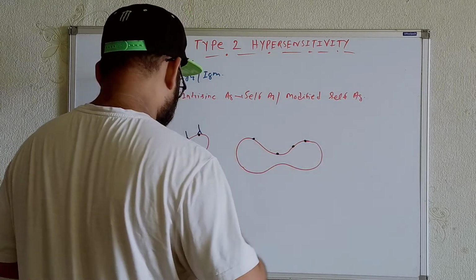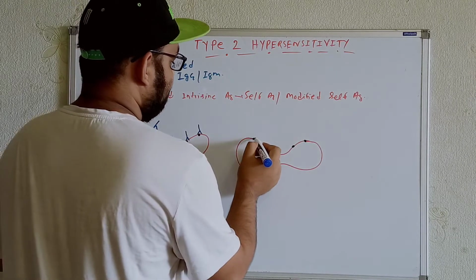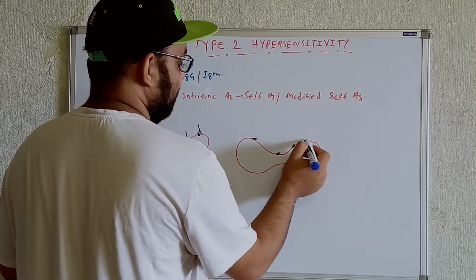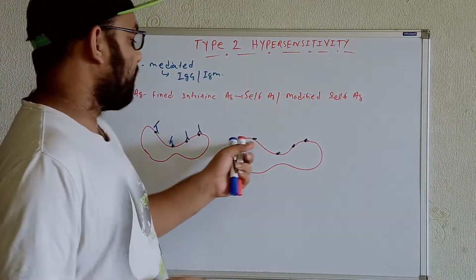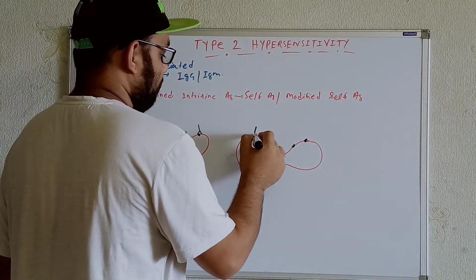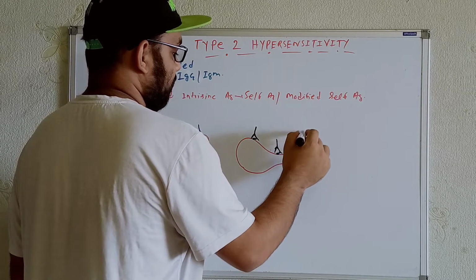Now for whatever reason, if any kind of drug comes over here, for example penicillin, an antibiotic, after coming there it modifies the antigen. We can say it is the modified antigen, against which we can get antibodies.